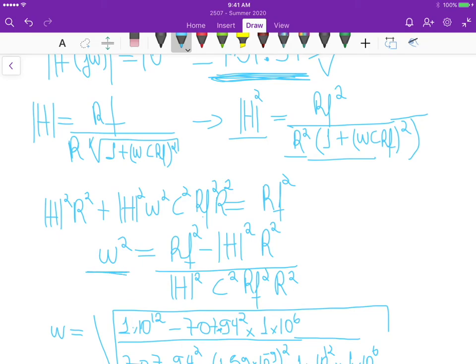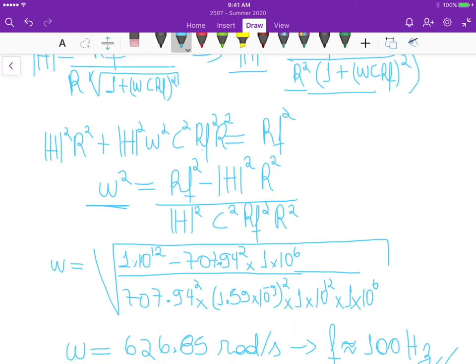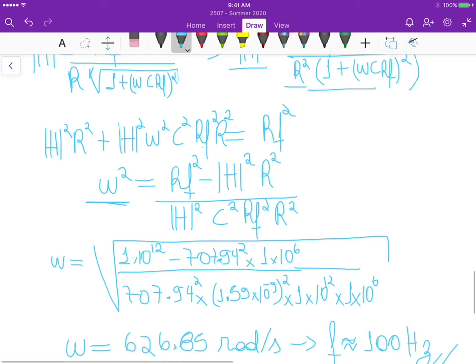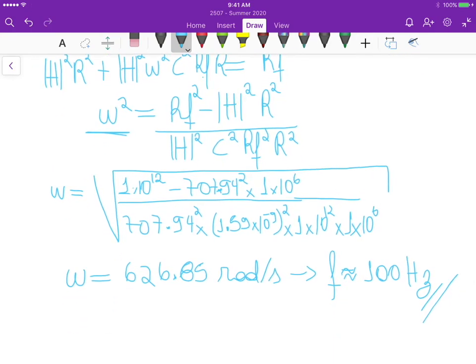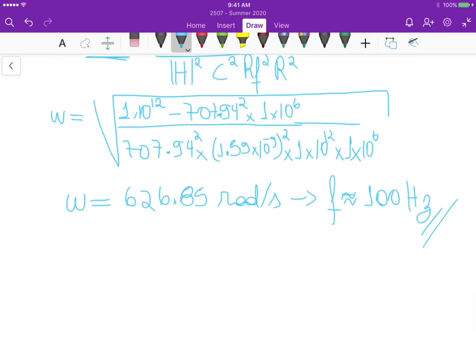Here we isolated omega squared, but it's just a matter of taking the square root. Once we plug in the values, we get the frequency at which we have exactly the 707.94 volt per volt gain. Okay, and now part E is just drawing the Bode plot.